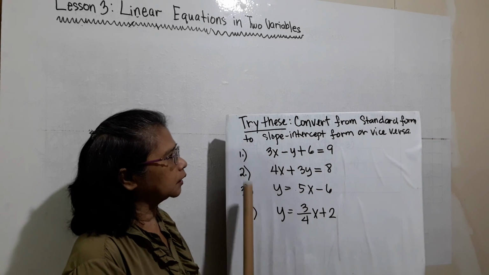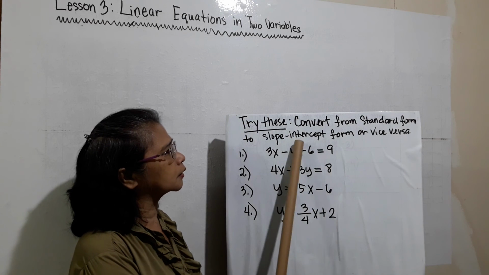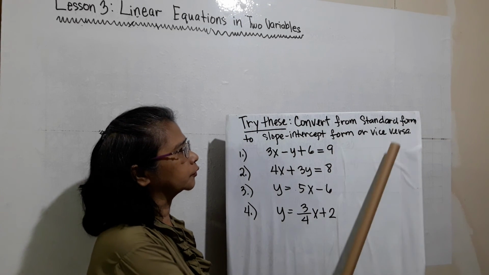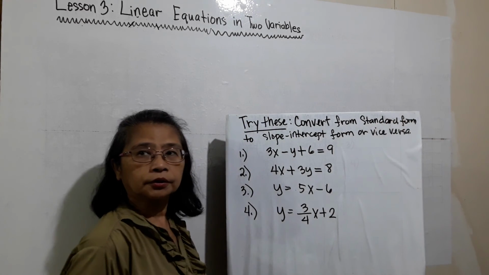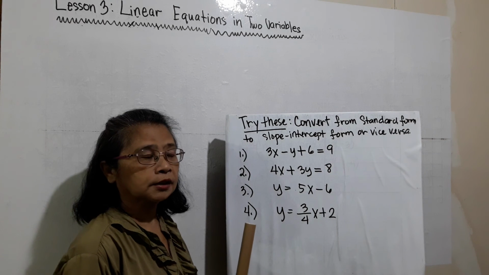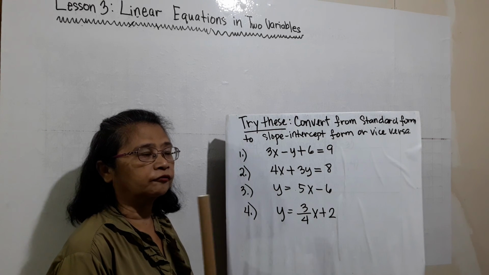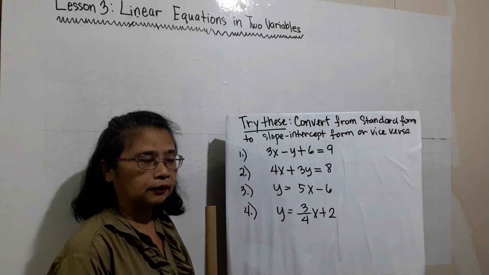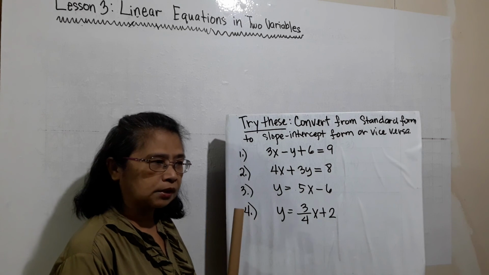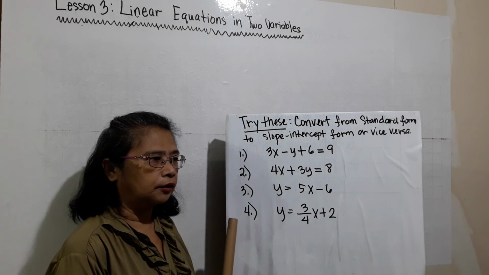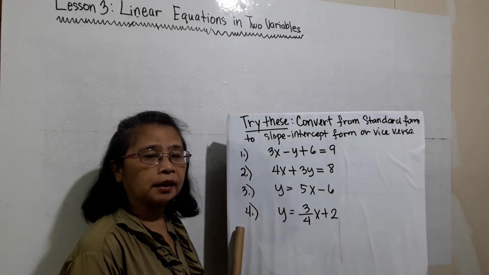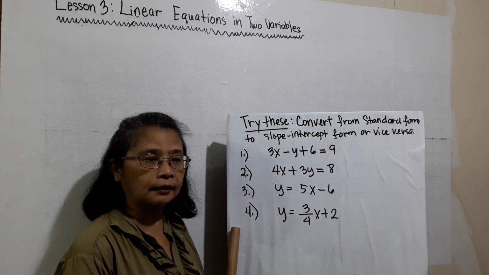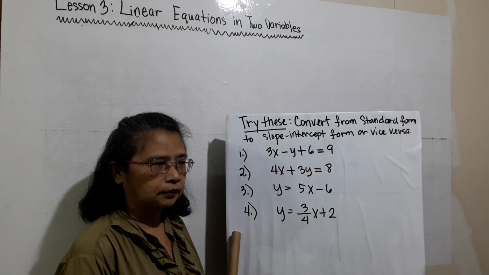But if the given is in slope-intercept form, you convert to standard form. So you first identify the form of the linear equation before converting. Okay, I'll copy this first in your notebook. Provide space in your notebook for the solution and answer. Okay, good luck.